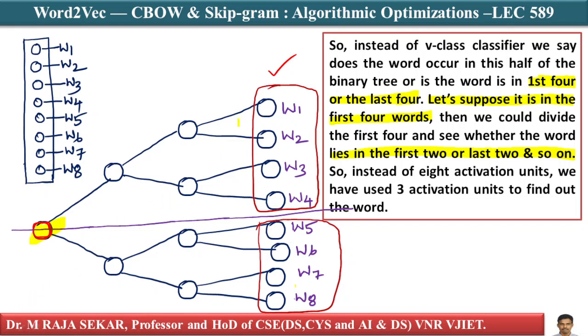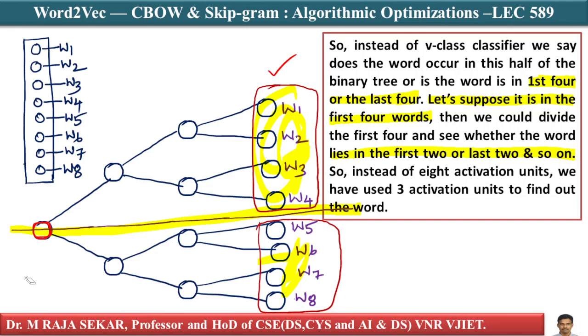That means above this horizontal line, this probability is higher than this probability. That's what I am saying.